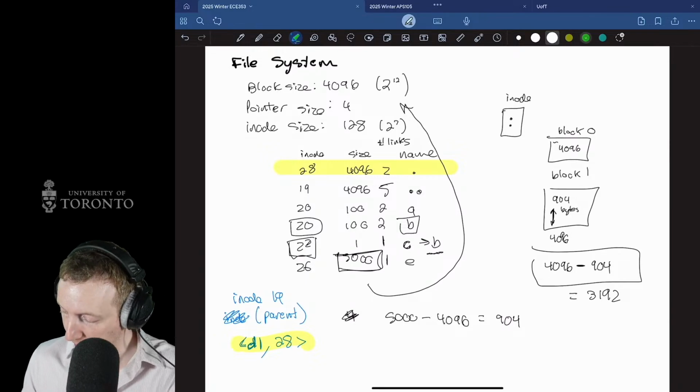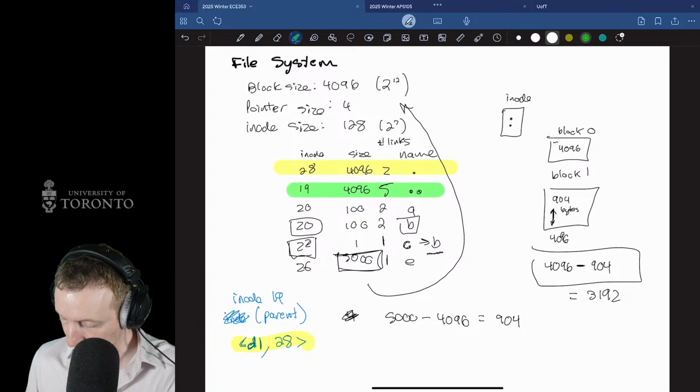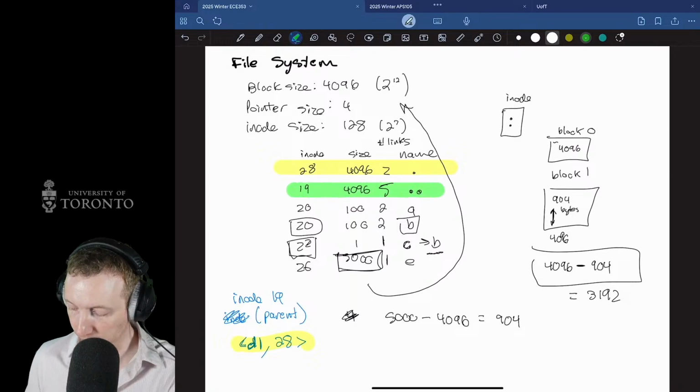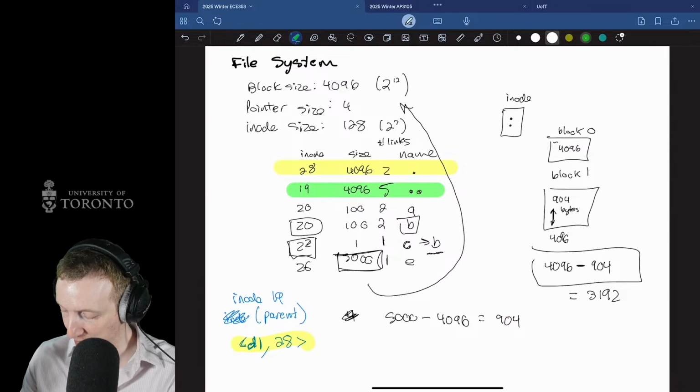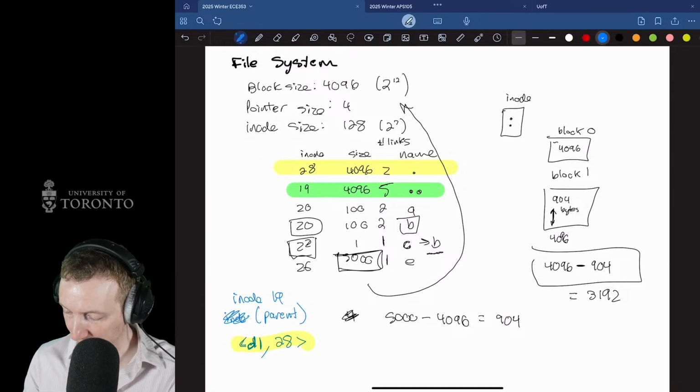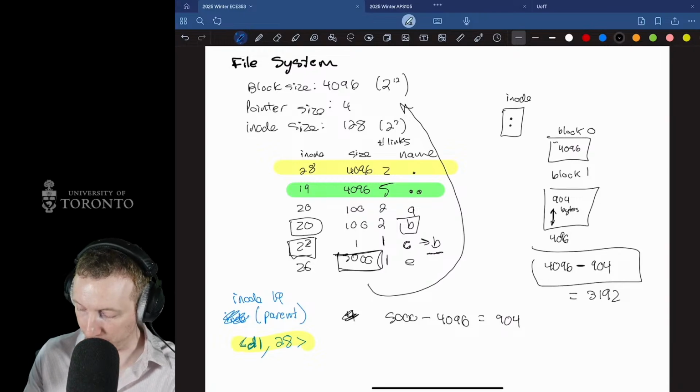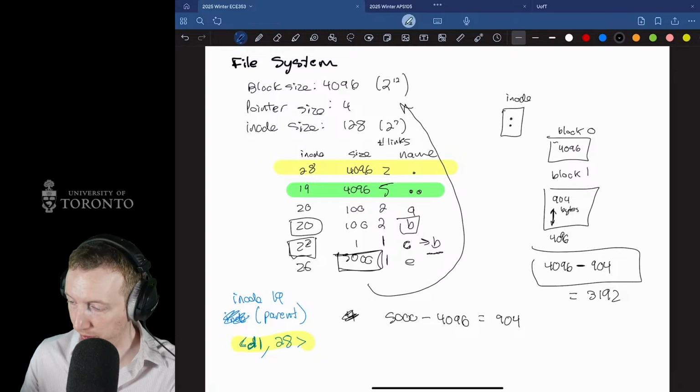So here, right, for the parent directory, this is one of the links in my D1 directory. And it turns out this is going to be exactly the same as arguing about the number of links in the current D1 directory.